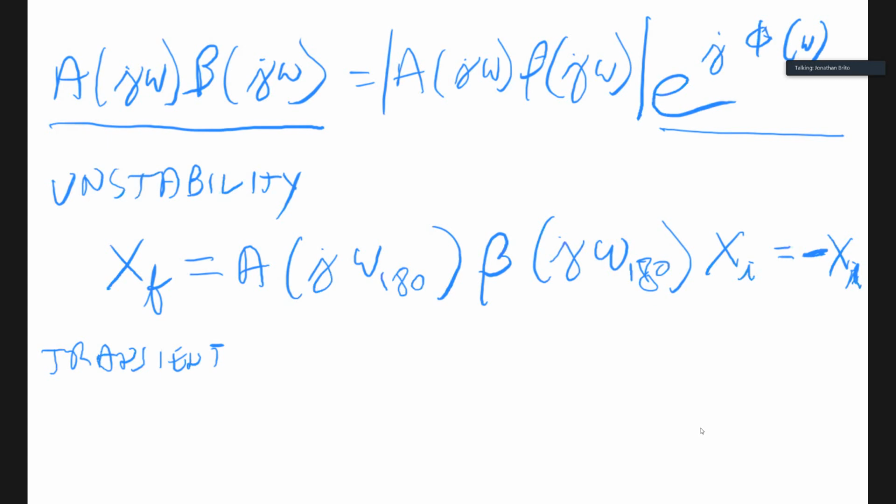In the equation above with x of i, where did the error input come from? The error input? Yeah, with x of f equals A j omega 180 times B j omega 180 times x of i. It's under instability. So the x of f is the output of the beta network. Yeah, and then x of i, that is the input. That is the error. Is that just because of the diagram we always see?